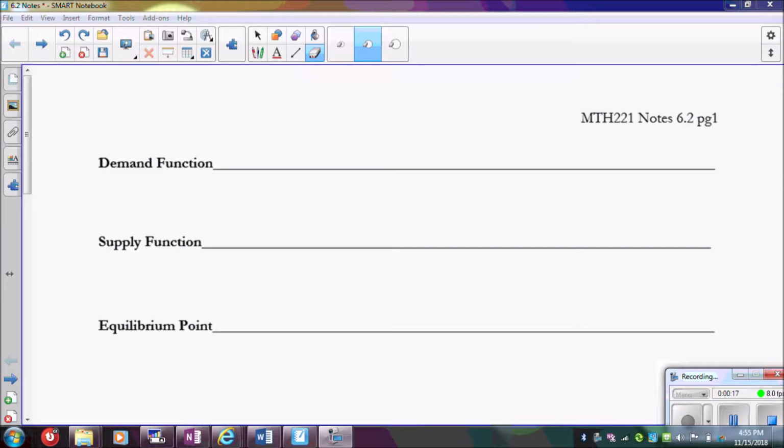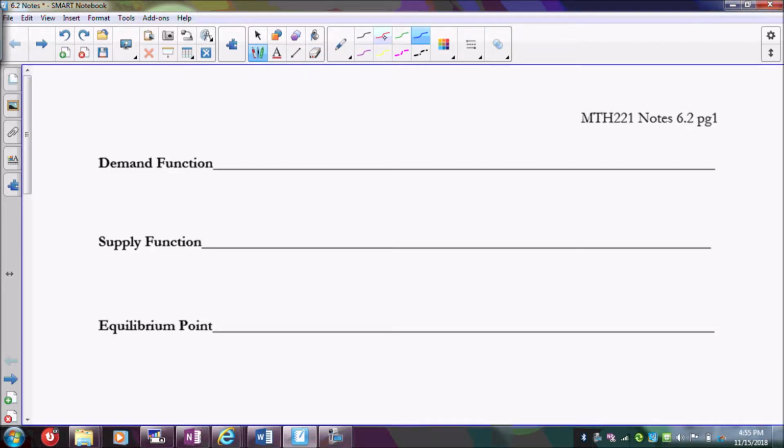First of all, just a reminder: the demand function is really the amount of money that consumers are willing to pay for a certain number of units. Typically we represent the demand function as d of x. That would mean d of x is the price, or the y value is the price.